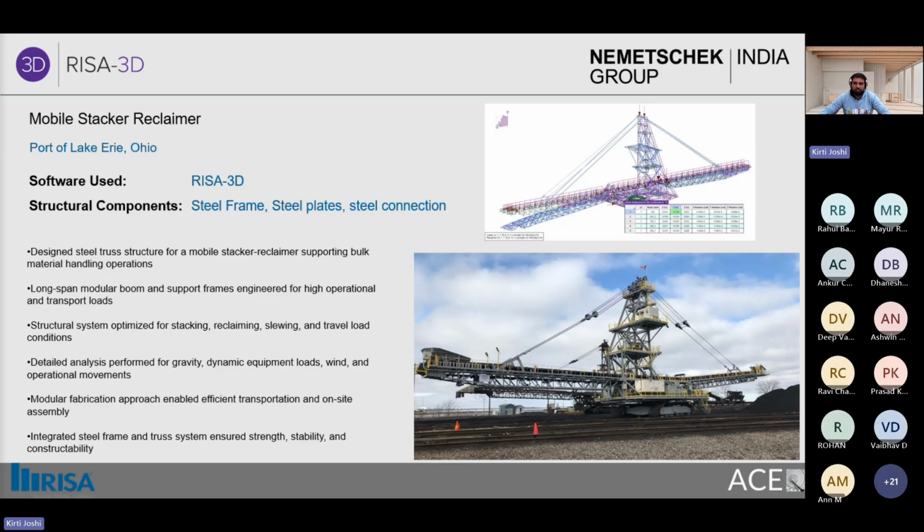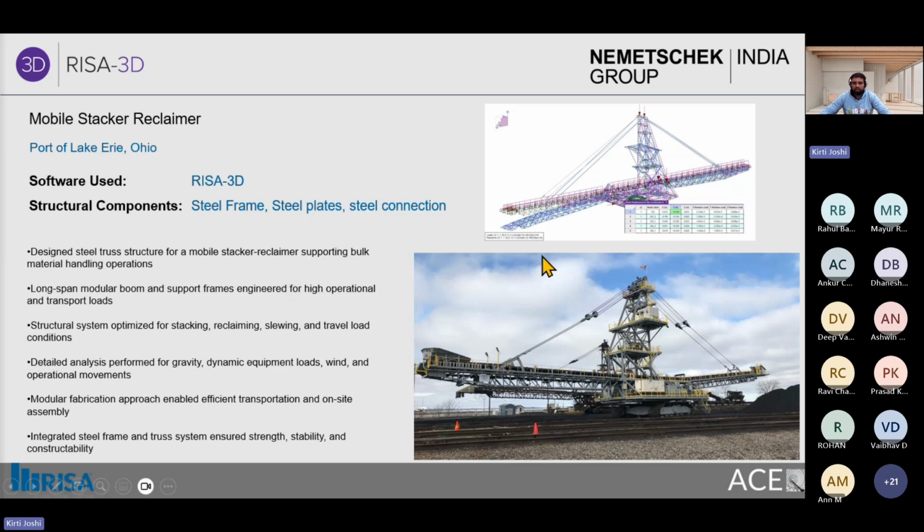It's a long span steel truss and frame, designed to support the reclaiming equipment and the dynamic material handling operations. Due to its significant cantilever length and the continuous operational moments, it is subjected to different loading conditions like gravity, wind, equipment loading, and the dynamic effect also.